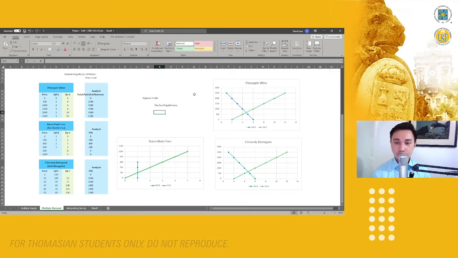You multiply the equilibrium price times the equilibrium quantity. The best is of course the highest equilibrium price times equilibrium quantity.